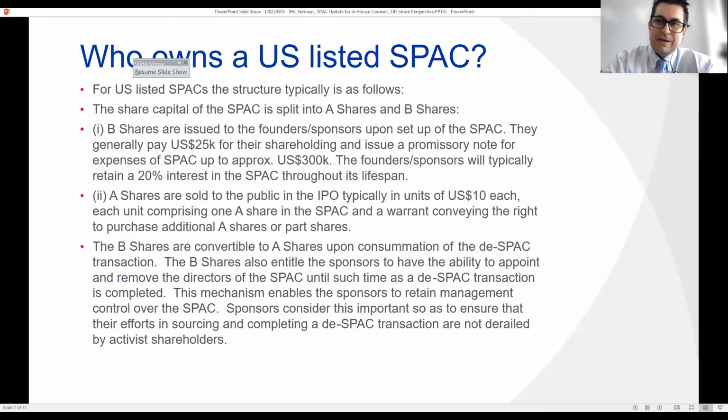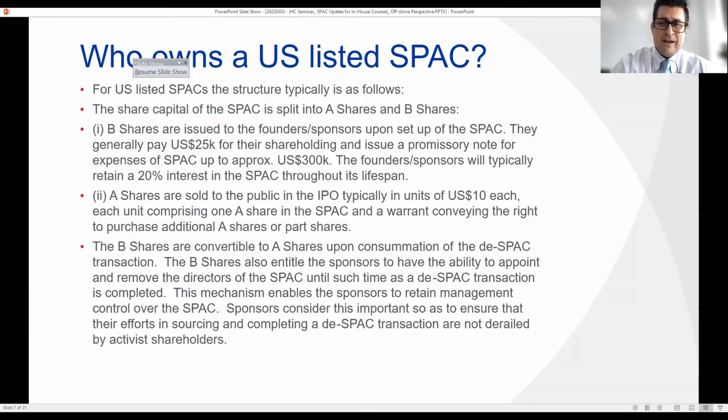The Class A's are the shares which are offered to investors under the IPO. The Class B shares are offered to, or held by, the sponsor or sponsors. They're effectively the same as the A shares, except that the sponsor would have some limited rights to appoint and remove the directors of the SPAC board, which would apply until such time as the SPAC moves to complete a de-SPAC transaction.